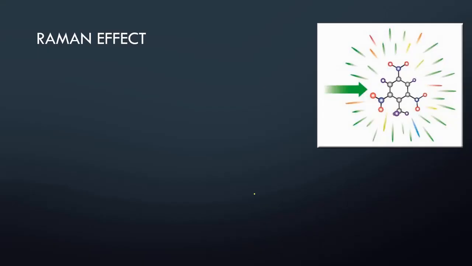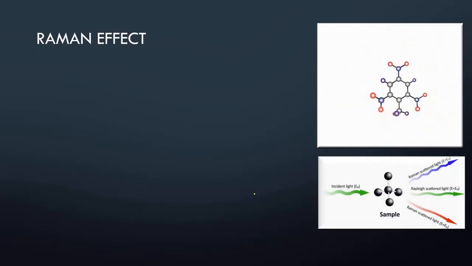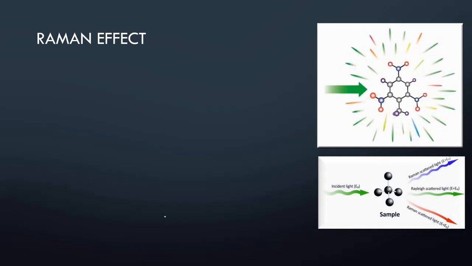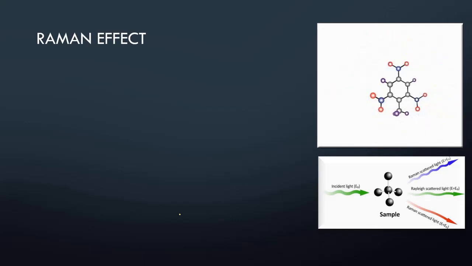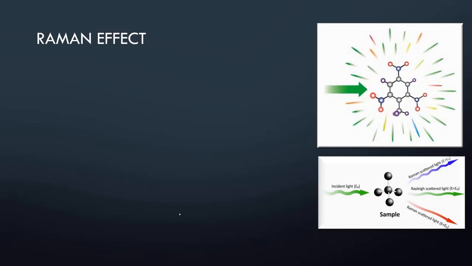Now let us see what a Raman effect is. When an incident radiation interacts with a substance, scattered light emerges from that substance, and this scattered light consists of the frequency of the incident radiation.